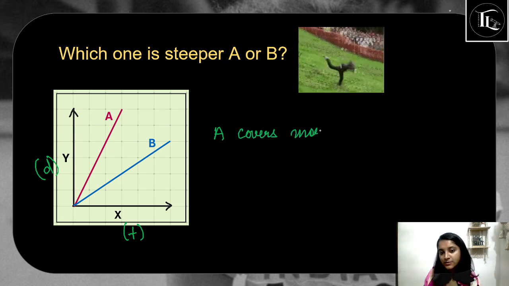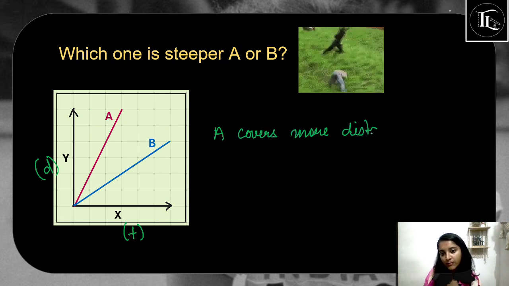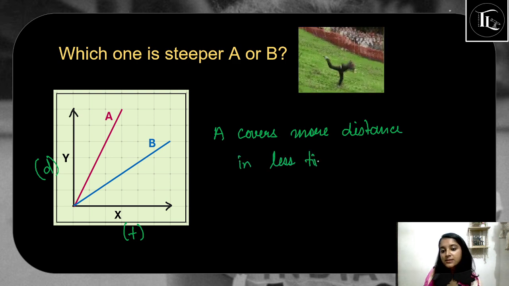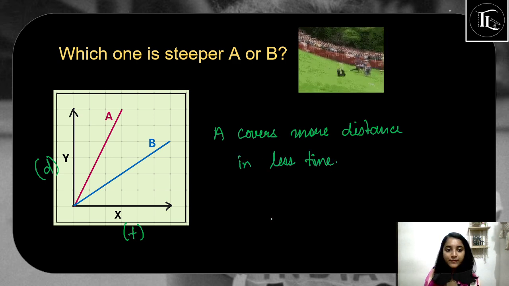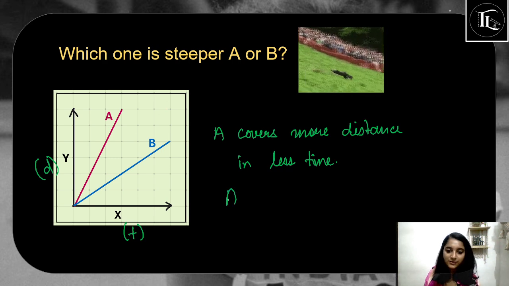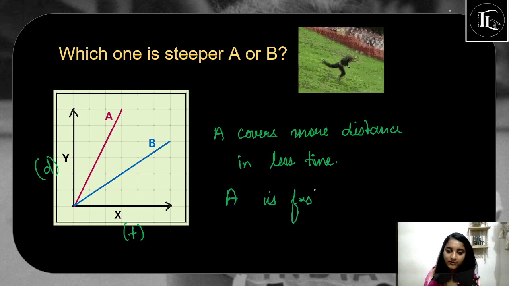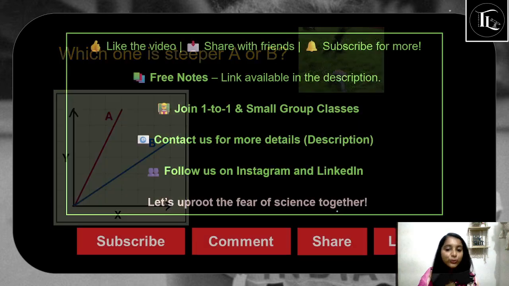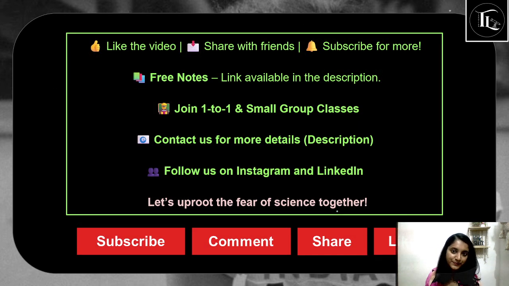So you know that, okay, A is going to be faster. Correct? So this is how you see the graphs.